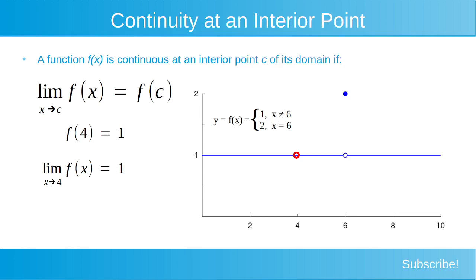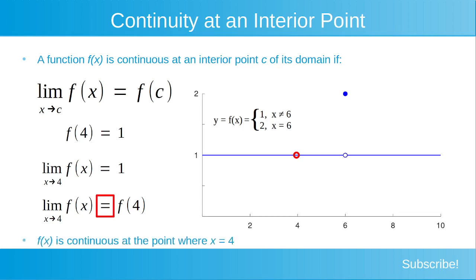And the limit as x approaches 4 of our function f of x is also equal to 1. So our limit as x approaches 4 of f of x is equal to the function value at that point, f of 4. So by our definition at the top of the screen, f of x is continuous at the point where x is equal to 4.